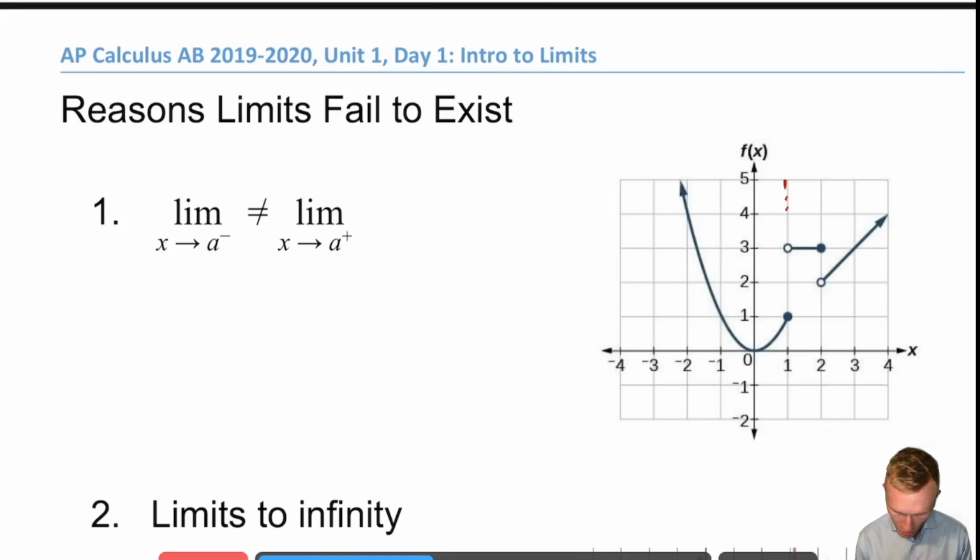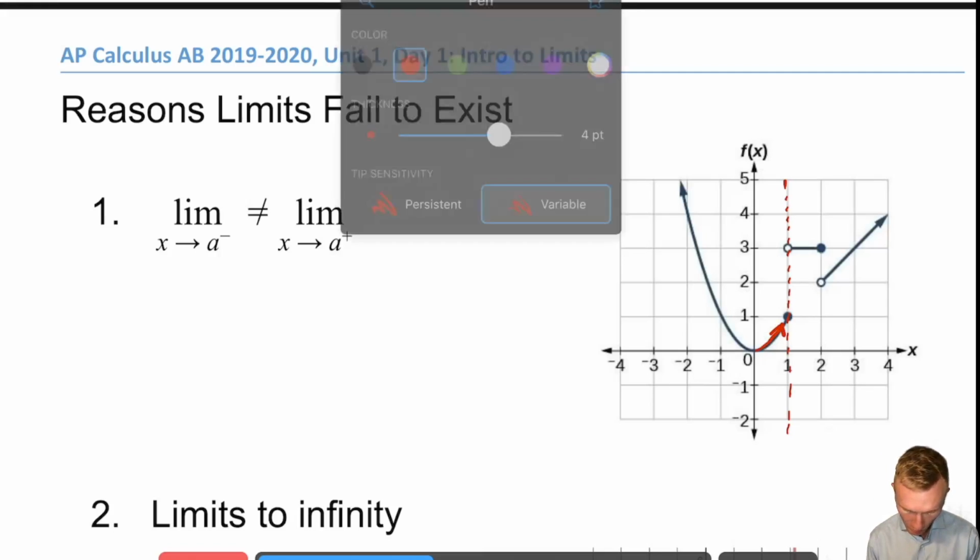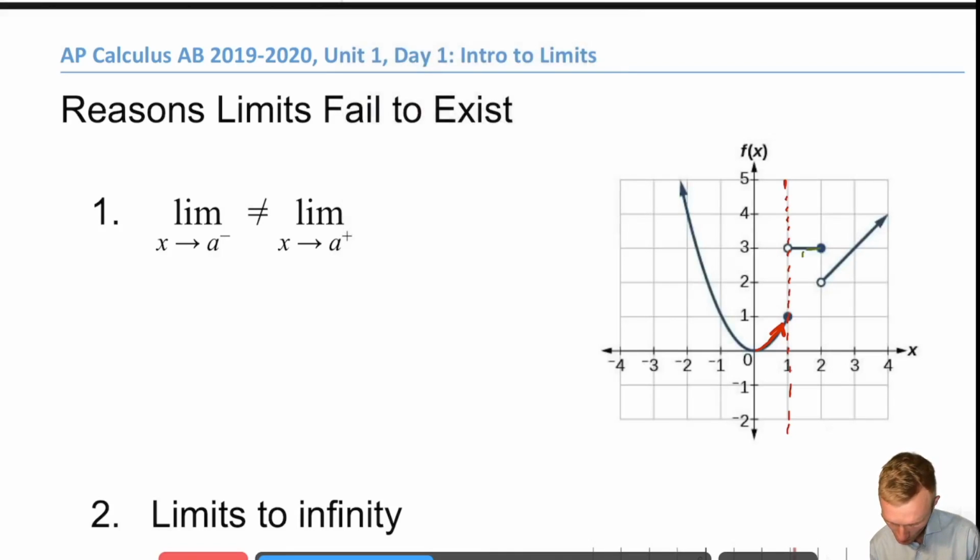So if I asked you what the limit was as x approaches 1, it would be does not exist, because from the left the limit is 1, and from the right the limit is 3. We're getting closer and closer to 3. The same would be true at 2. As x approaches 2, the limit from the left is 3, and from the right is 2. You're approaching different numbers.